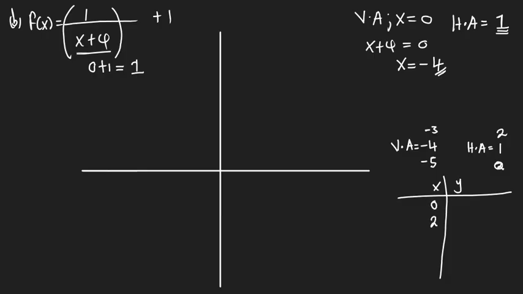I have a -3. I have a -5. Then I can ask myself, I have y is equal to 1 over x plus 4 plus 1. So y is equal to, if I put 0 here, I'm going to have a 4 there.